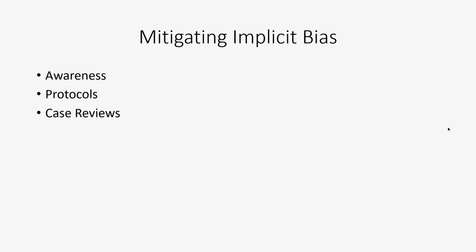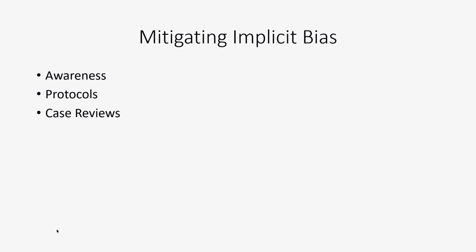Then protocols, if you're part of GaPQC, and then case reviews. Maybe at the end we'll have an opportunity to talk about how your facility deals with certain outcomes like a postpartum hemorrhage or an undesirable outcome, and how those cases are reviewed.